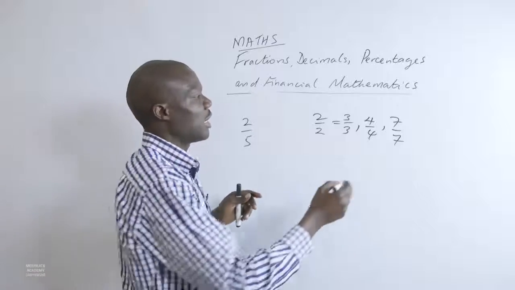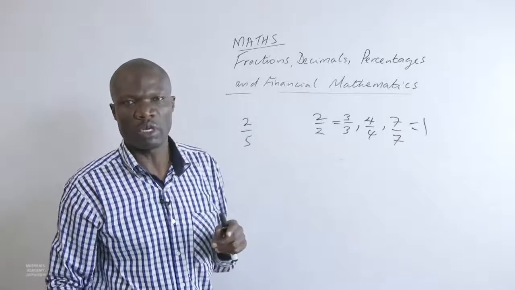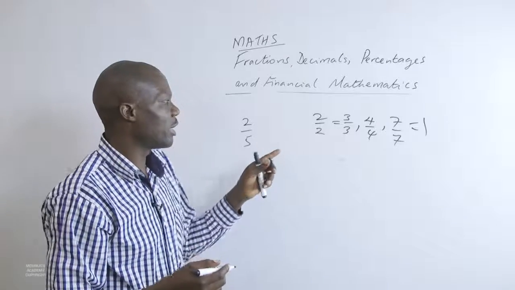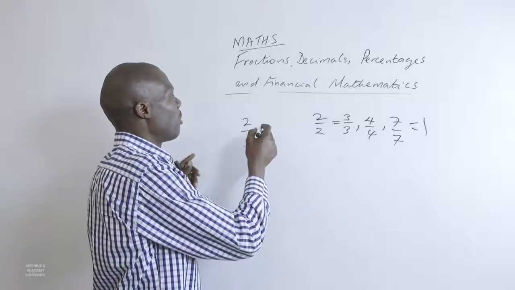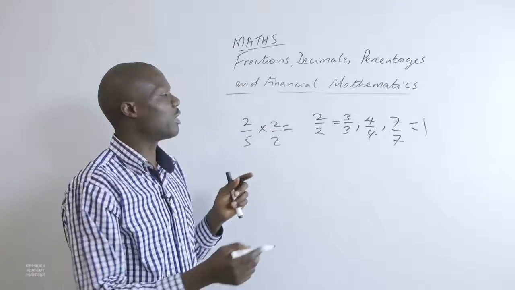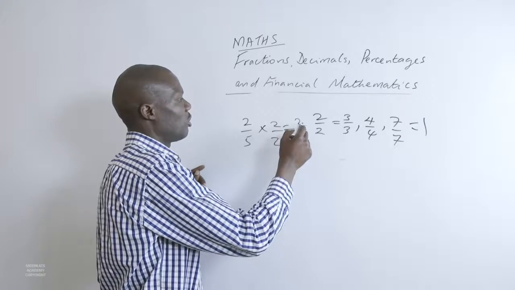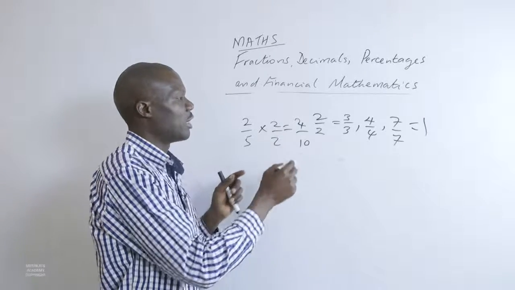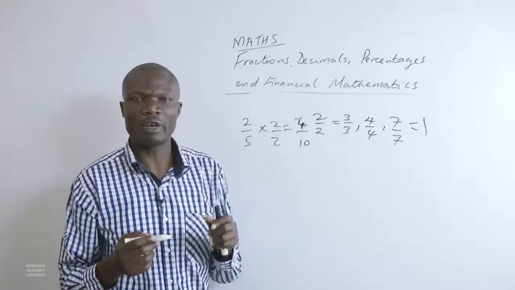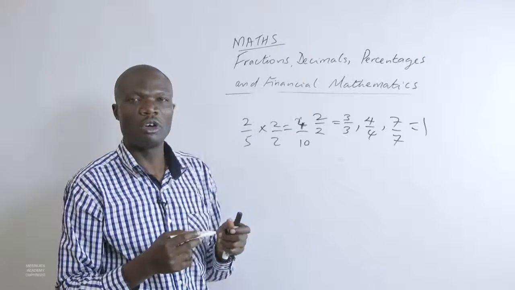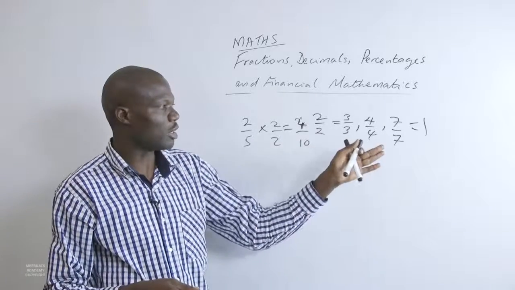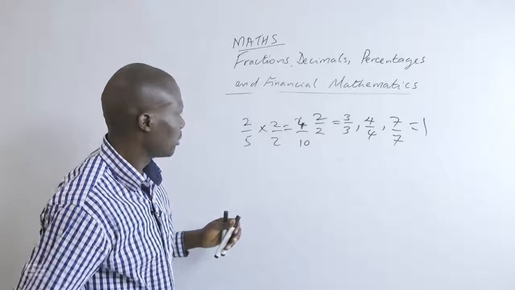All these are equal to 1. So multiplying by a number that is equal to 1 is the same as multiplying here by 2/2. This will give us 4/10. So 2/5 is equivalent to 4/10. It has been obtained by multiplying by a number which is the same as 1.